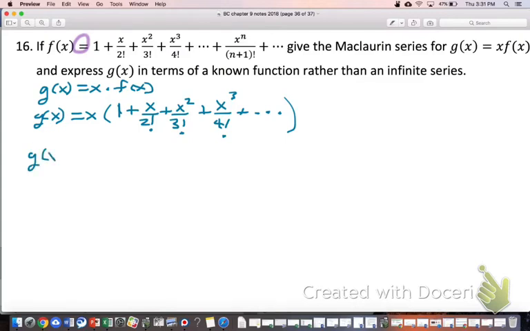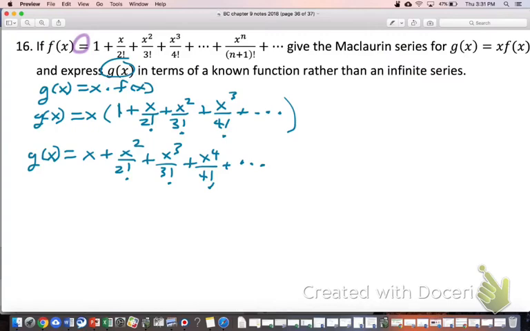So g of x equals x plus x squared over 2 factorial plus x cubed over 3 factorial plus x to the 4th over 4 factorial, so on and so forth. So far what we've done is we have found g of x essentially, but now we're supposed to express this in terms of a known function, something that this is equivalent to, that's not a power series.